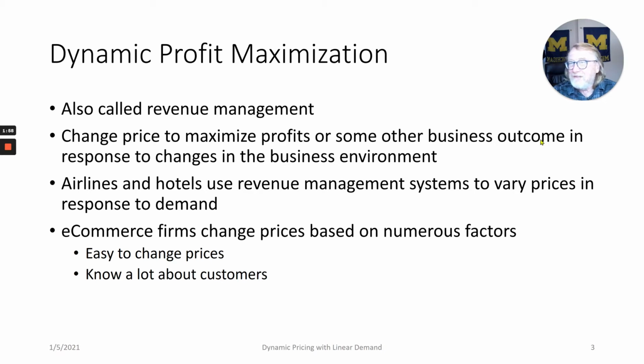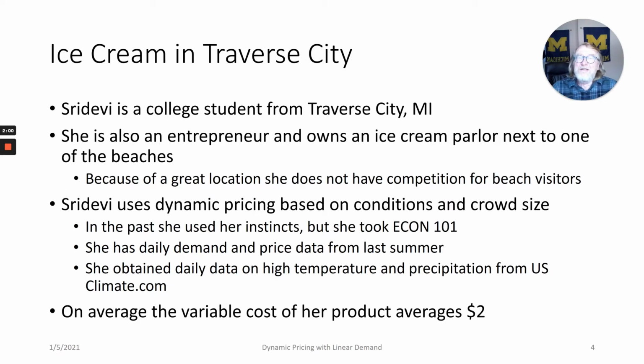Okay, so we're having a very stylized example, and Sridevi is a college student from Traverse City, Michigan, and during the summertime, she runs an ice cream stand up by the beach in Traverse City, Michigan. And so she has something of a local monopoly in that the people who go to the beach and who want ice cream will go to her ice cream stand.